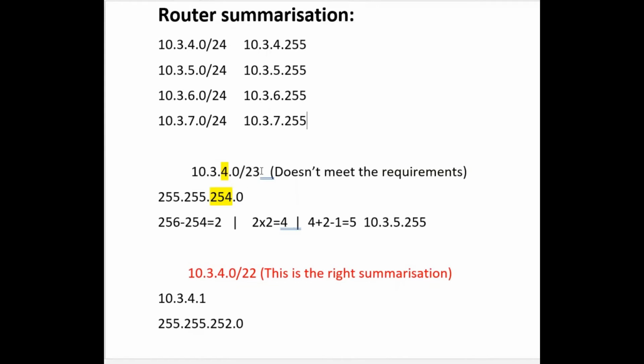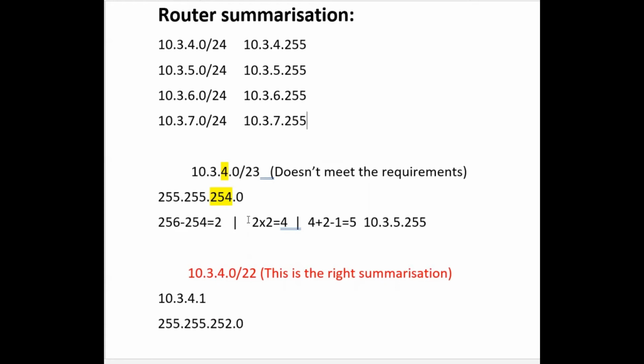With /23 the mask is 255.255.254.0. /23 means 8 bits, 8 bits, 7 bits, and the 7 bits add up to 254. Or you take 255 and minus 1, because you have 1 bit less.